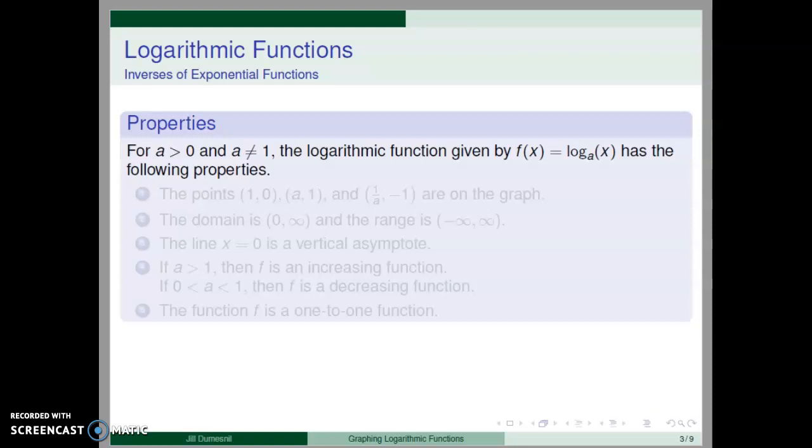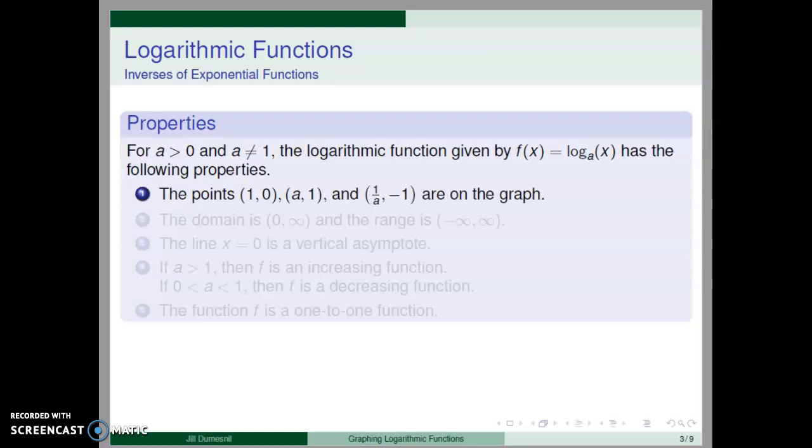Because logarithmic functions are inverses of exponential functions, we can use what we already know about exponential functions to deduce properties of the logarithmic function f of x equal log base a of x.